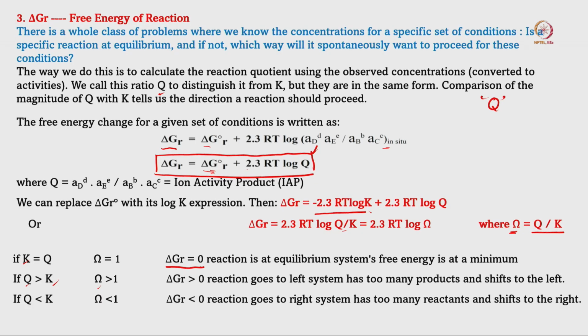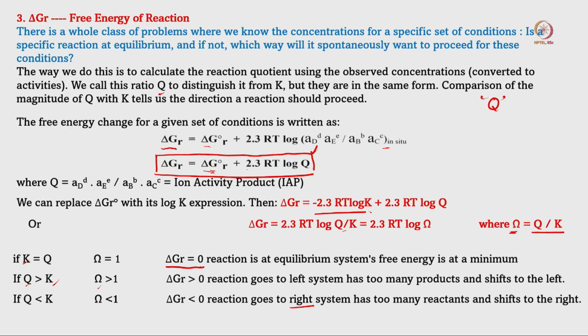So, it is a reversing reaction, and the reaction will move in the opposite direction. If my Q is less than K, then my omega is less than 1, then my delta Gr is less than 0. Therefore, the reaction goes towards the right, and my reaction is going to proceed in that right direction.